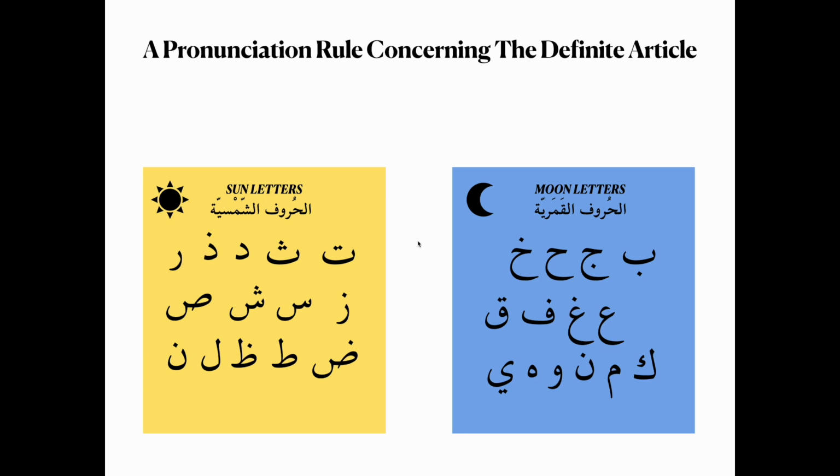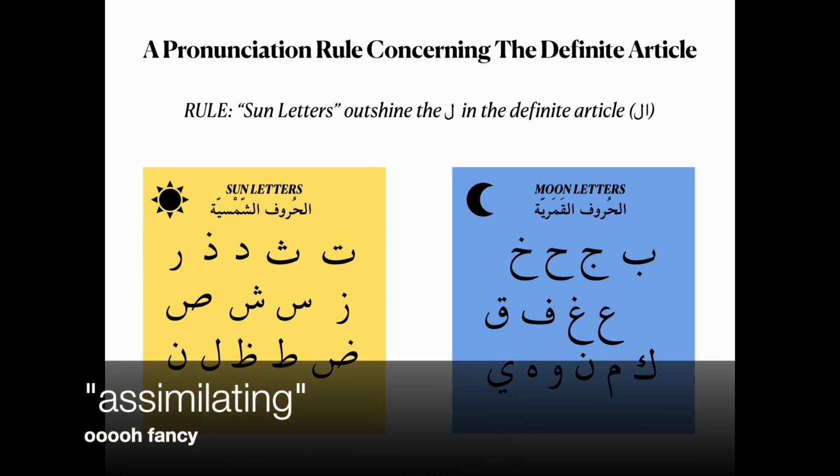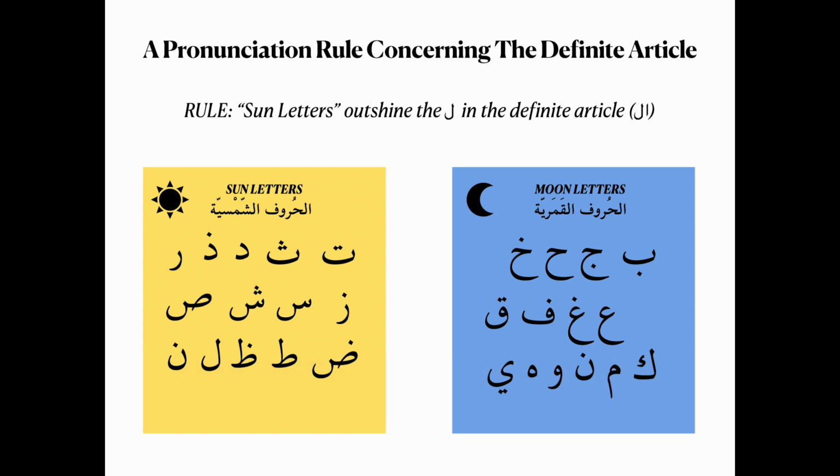You might be wondering, why do I need to know what a sun letter and a moon letter is? Well, in Arabic it matters because there's a little pronunciation rule: sun letters outshine, or assimilate is the actual formal word, but I just say outshine because that's what it does. It literally shines out the al.